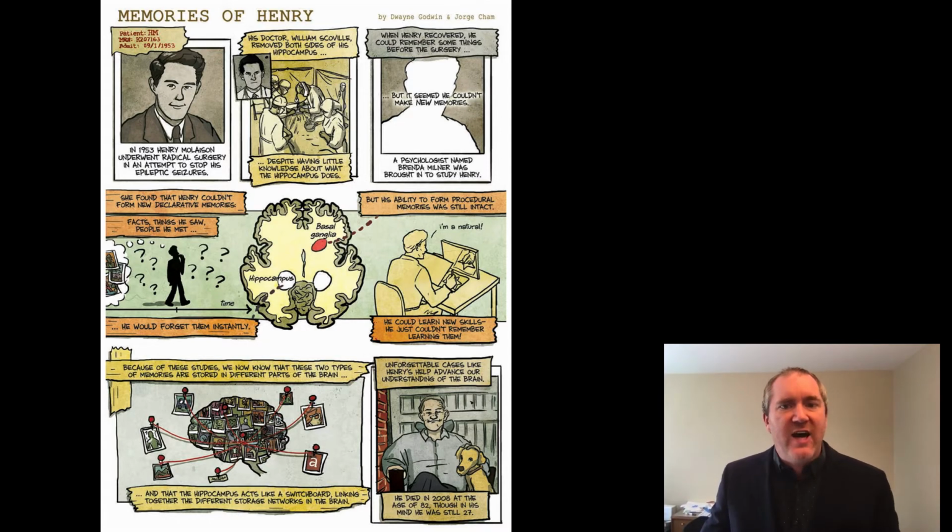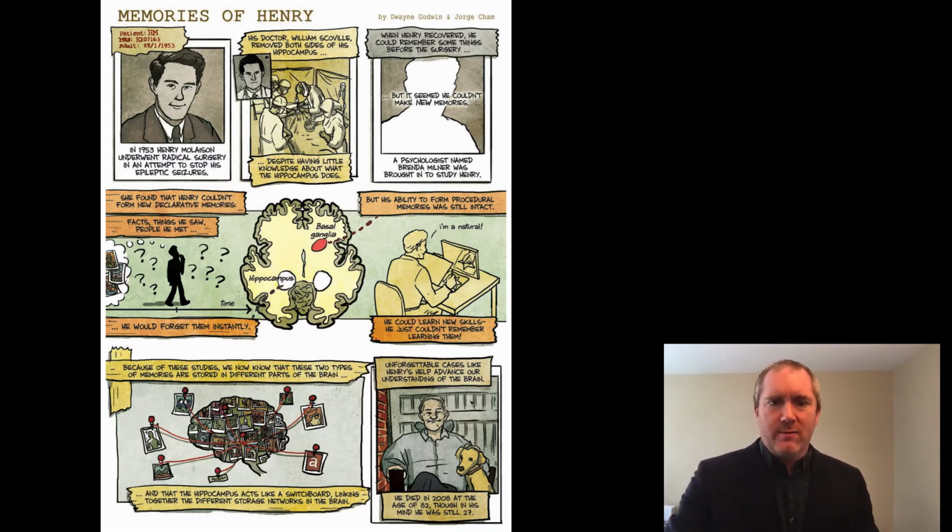These mean facts, things we saw, people we met, common associations. He would forget them instantly. But his ability to form procedural memories, similar to Clive Waring, was still intact. He could learn new skills, he just couldn't remember learning them. Because of these studies, we now know that these two types of memories are stored in different regions of the brain, and that the hippocampus acts like a switchboard, linking together the different storage networks in the brain.